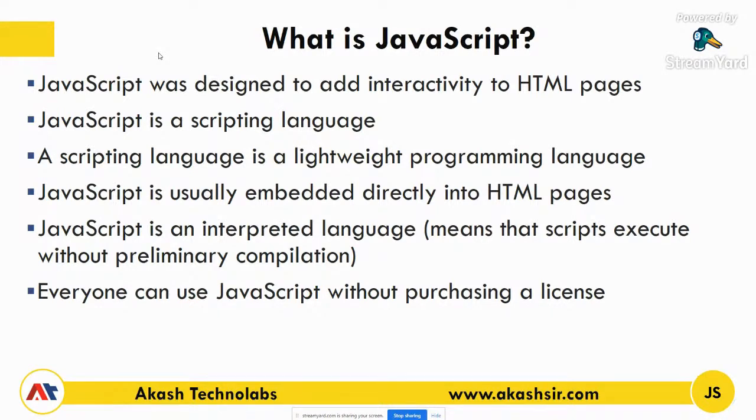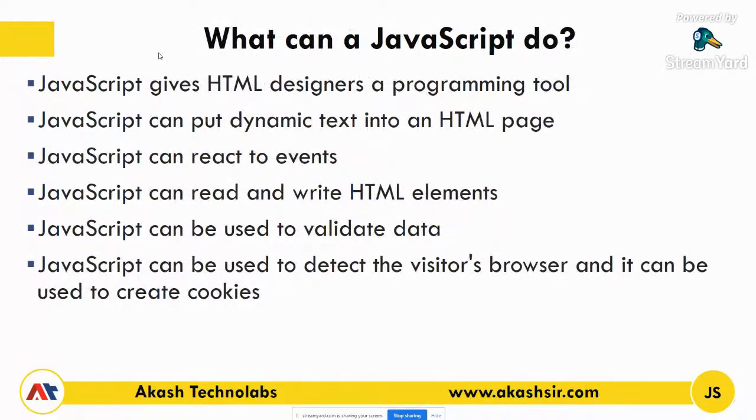Let's say if you are working in C programming or C++ or maybe in Java, first you have to install a compiler, right? But in JavaScript, no need to install any compiler on your computer, right? By default, the browser will compile your code and print it into your particular response. So everyone can use JavaScript without purchasing a license. It's totally free, right?